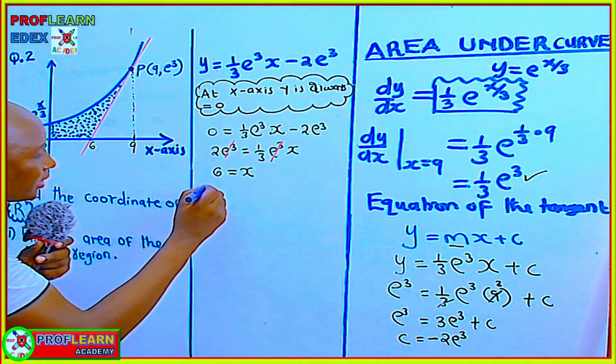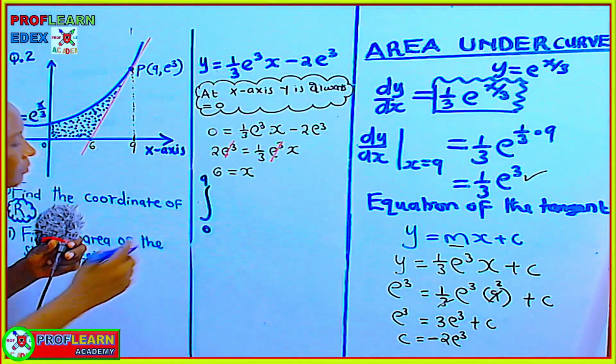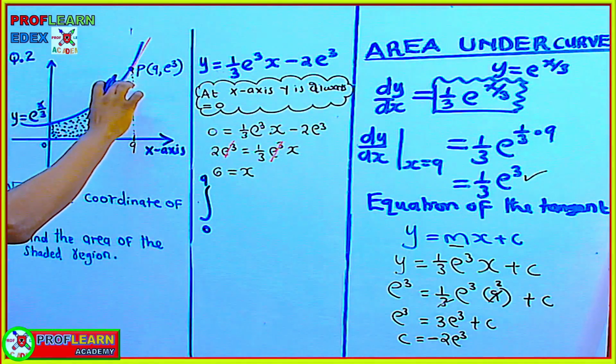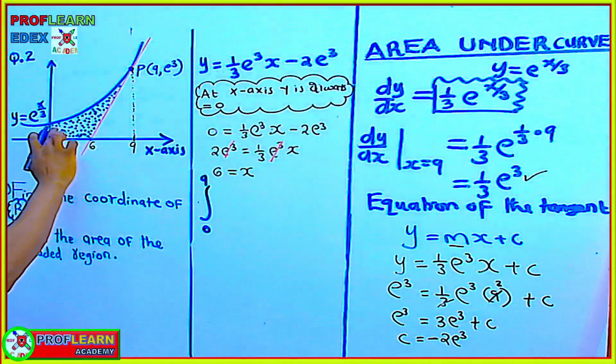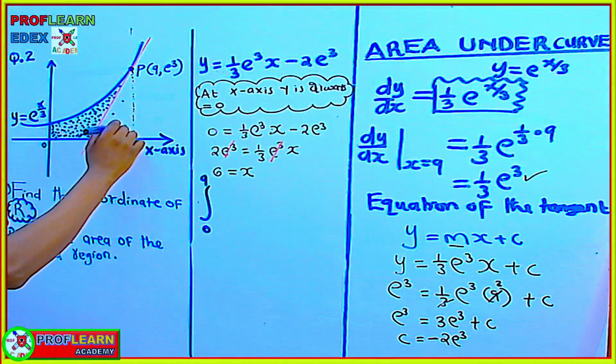If we integrate from 0 all the way to 9, we'll be working out the area of the shaded region plus the area of the triangle.